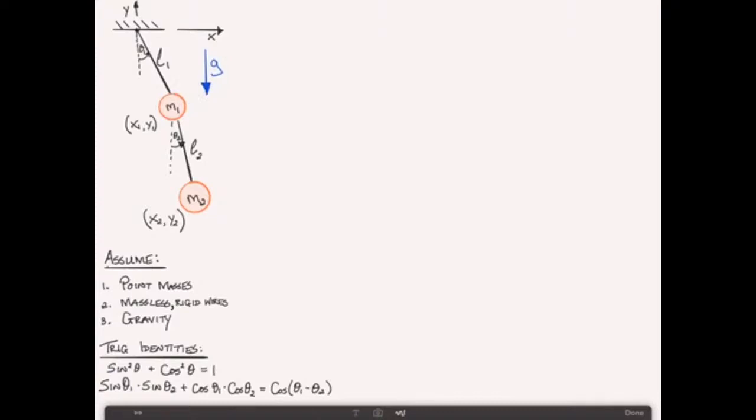First of all, that these masses are point masses, which is to say that the entire mass is concentrated at its center of gravity, which also says that it has no rotatory inertia about its center of gravity, and that applies to both masses. In addition, the wires or rods, length L1 and L2, are massless, and they're rigid. Their lengths don't change, as we said before, and also the assumption that gravity is present in the problem, which I've indicated with the blue gravity vector.